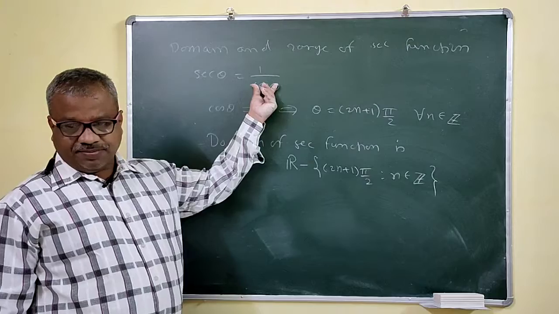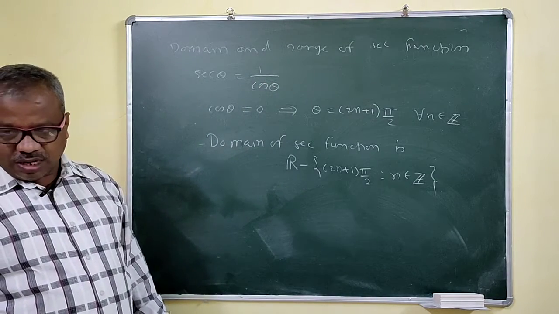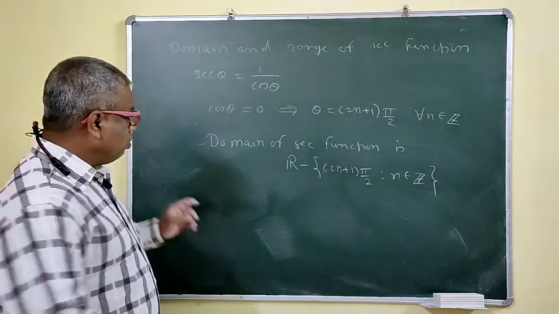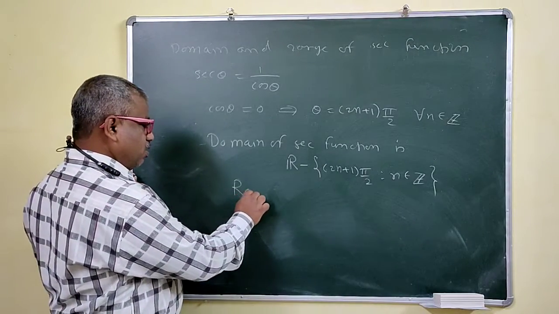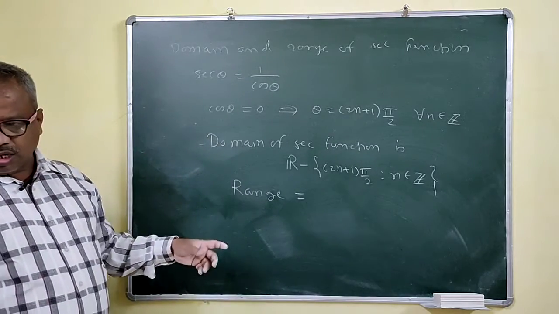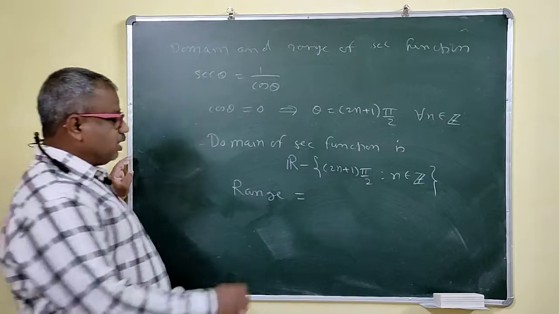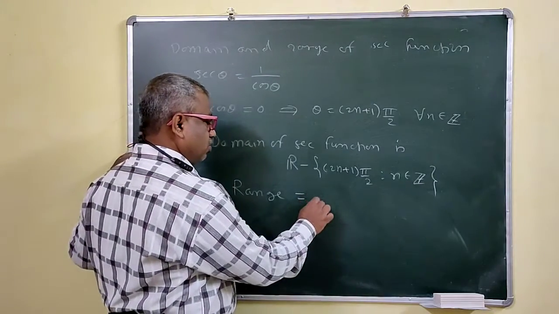And same thing here: the cos theta always lies between -1 and 1, so that is what your range is, then. The reciprocal is greater than or equal to 1 or less than or equal to -1.